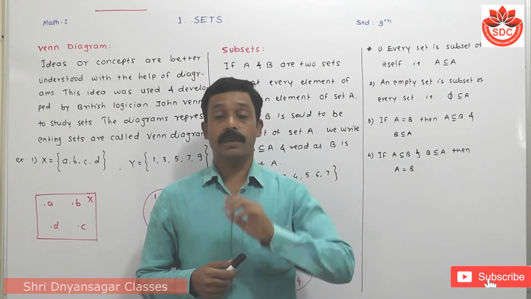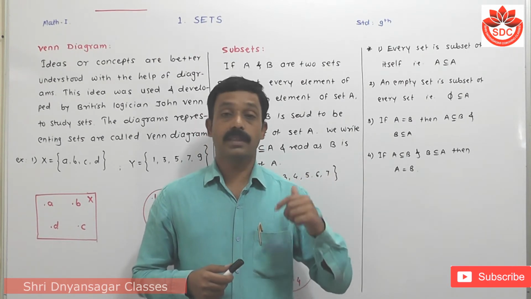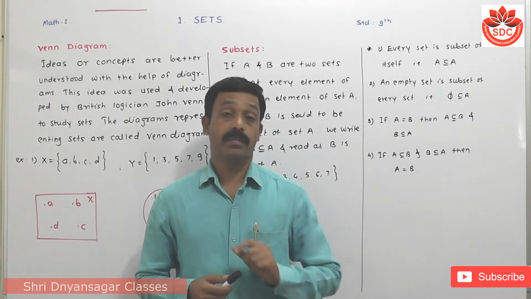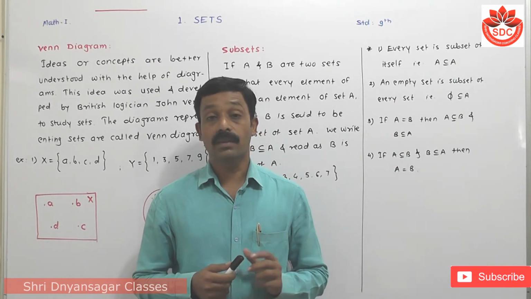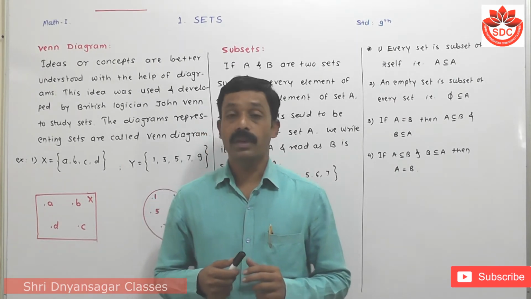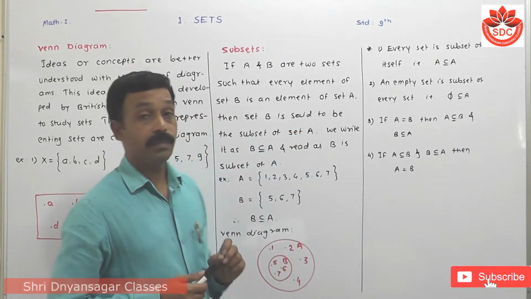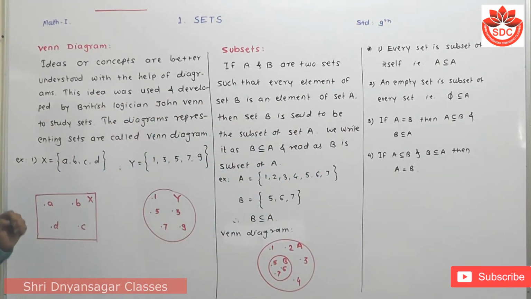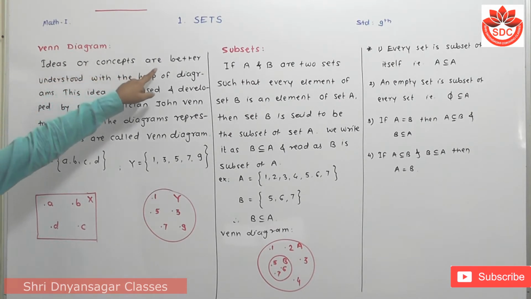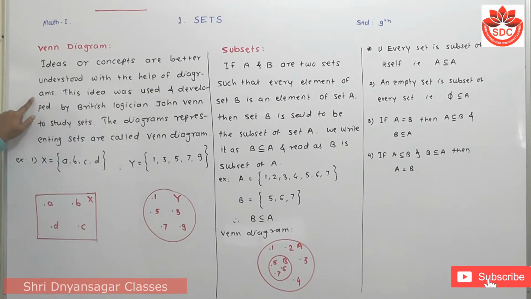The mathematical expression expressed in such a diagram is called a Venn diagram. This means ideas or concepts are better understood with the help of diagrams.